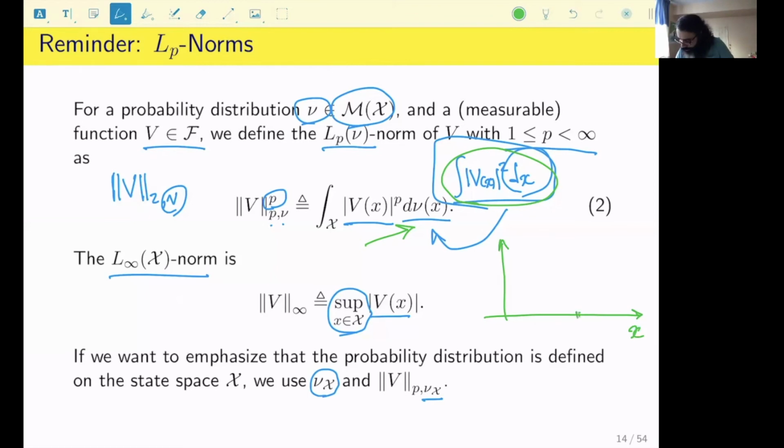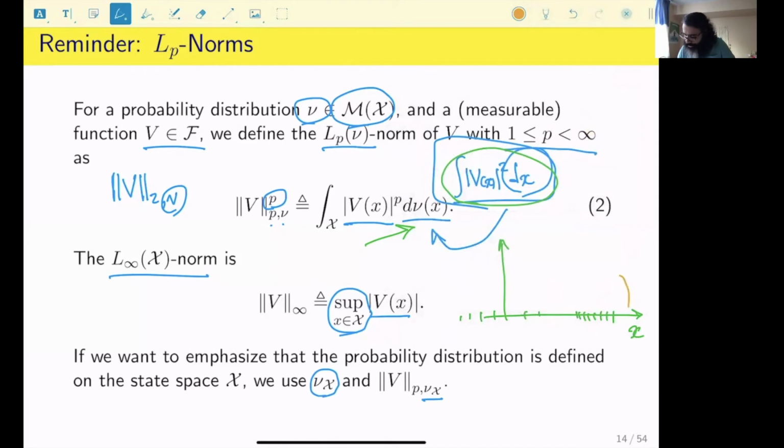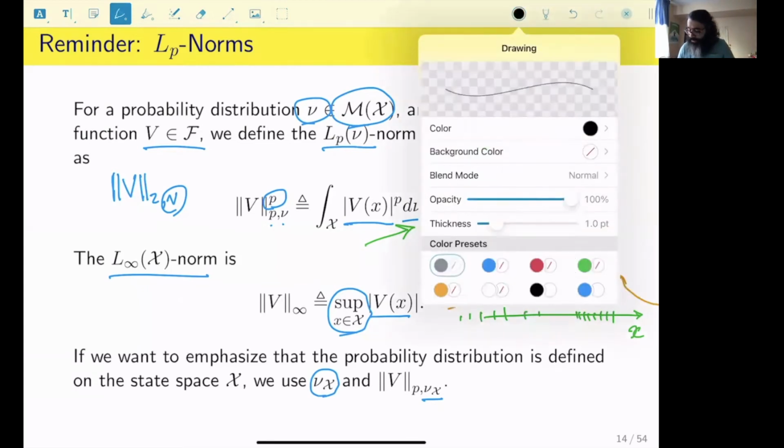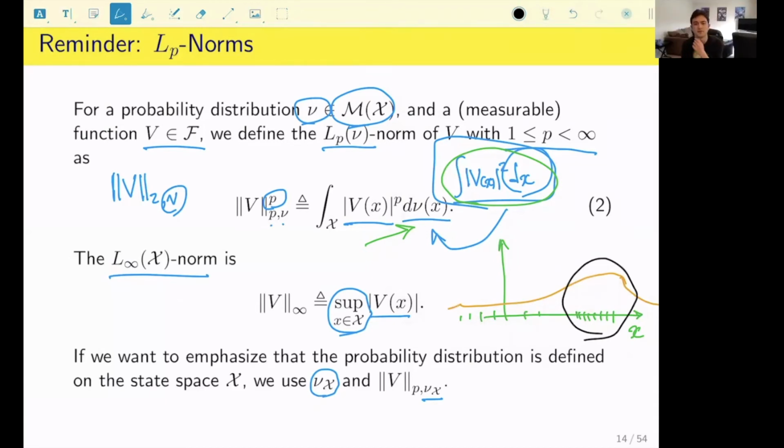Many data points are here, a few in other places. So effectively, they come from a distribution like this. When we talk about a norm, this basically says that we focus more on this region, and the amount that we focus depends on that distribution, mu. Got it. Okay, that makes sense.